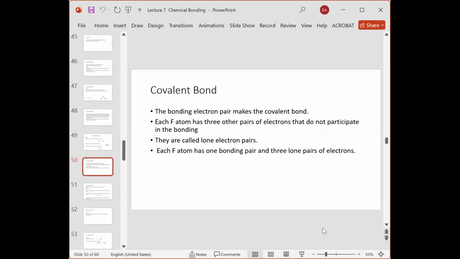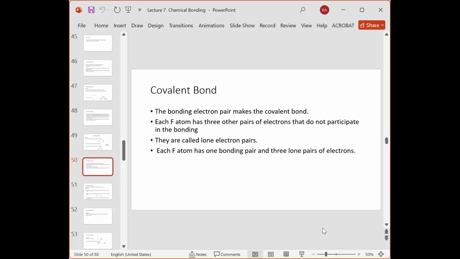So a bonding electron pair makes the covalent bond. If a fluorine atom has 3 other pairs of electrons that do not participate in the bond, they are called lone electron pairs. The ones that don't take part in the bonding, we call lone electron pairs, and the one that bonds, we call a bonding pair.